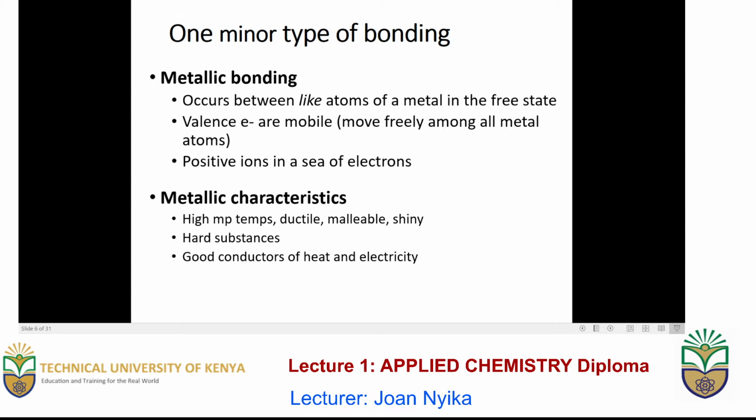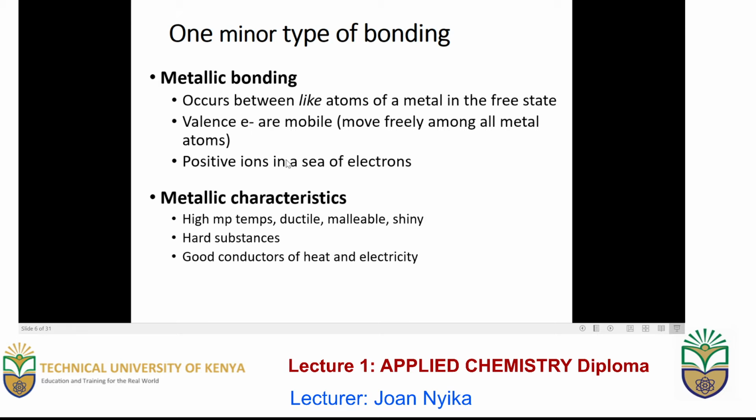When you look at these characteristics, when we were looking at the periodic table, we said that the group 1 elements, the alkali metals and the alkaline earth metals, are the ones that have these characteristics. They are very reactive, they have a high melting point, they are ductile, malleable, and shiny. They are also hard substances and good conductors of heat and electricity.